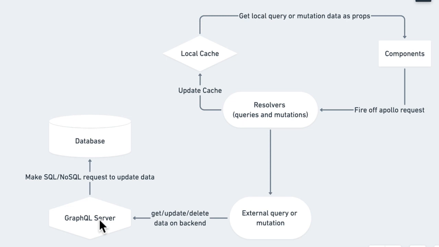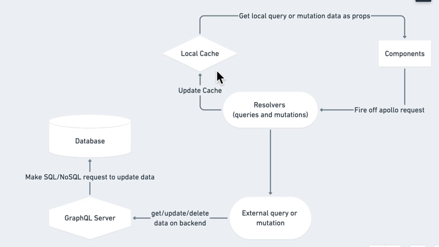Our GraphQL server then processes the request and it makes either a request to update data or get some data based on the SQL or NoSQL database we actually have. So if that's successful, it will send that data back up and then through to our application and components where we can either store it on a local cache or we can simply use it in our components.